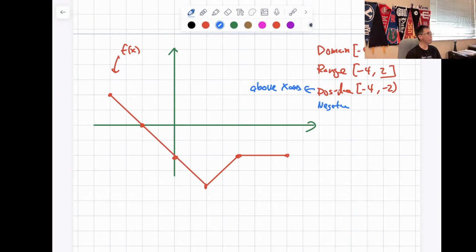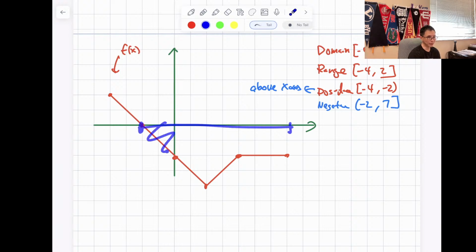Anybody else? Anna? -2 to 7. Good. So -2 should be a parenthesis. 7 should be a bracket because 7 is still negative. So anything negative, that means you start from this point to here because everything here is negative.